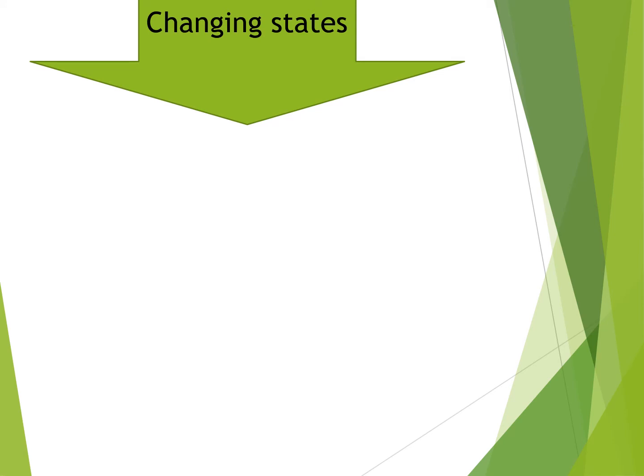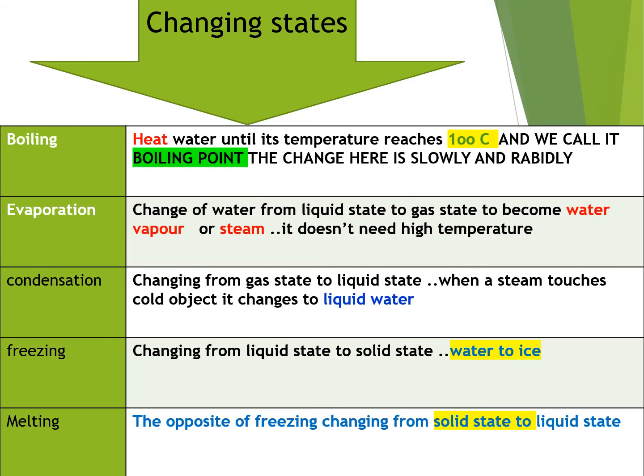Now we are going to explain the difference between each one. First one, boiling. Boiling is heating water until its temperature reaches 100 Celsius. Now our condition is, if I want to make the boiling process, I should use heat, but there will be a fixed temperature.